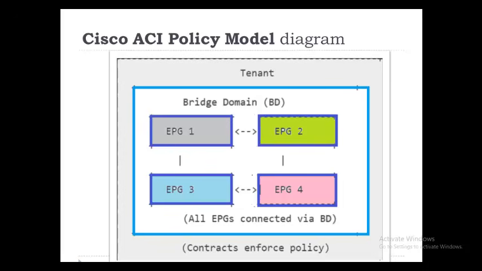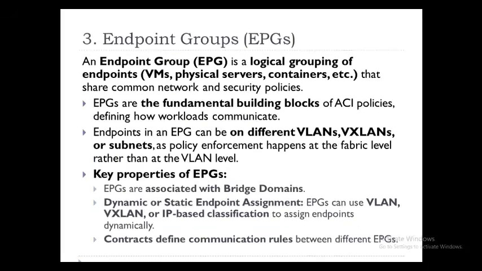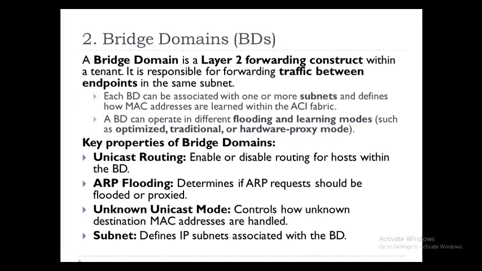So a bridge domain is a layer 2 forwarding construct within the tenant. It is responsible for forwarding traffic between the endpoints in the same subnet. Each bridge domain is assigned one or more subnets and defines how the MAC addresses are learned within the ACI fabric.